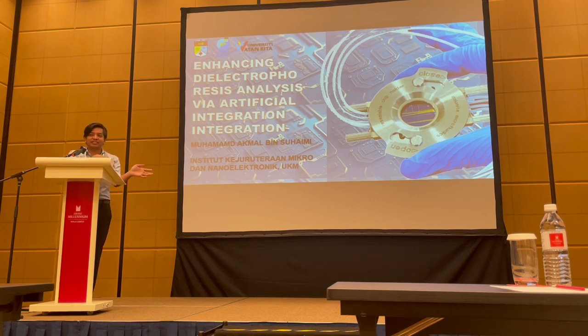We can just use velocity. And for the metallic one, I believe we can, because there is research using DEP on microplastic, for example. It's not a living organism. So if microplastic can be done, yes, metal also can be done because it only involves accumulation of charge on the surface of the particle.